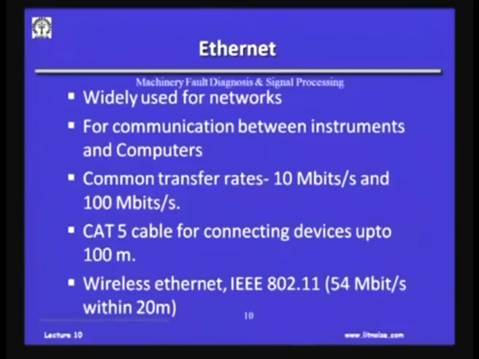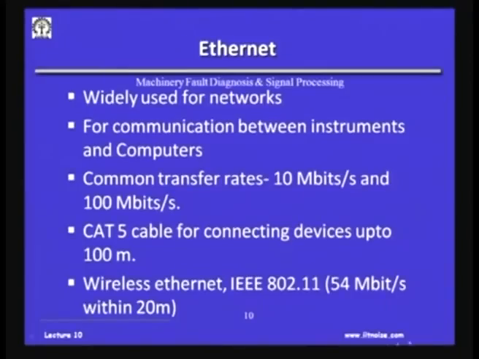If I am using a Cat5 cable for connecting devices, we can have a maximum of 100 meters. But nowadays, once this digital data has been captured at maybe a server location, it needs to be transferred wirelessly, and the present limitation of wireless Ethernet is about 54 megabit per second and within only 20 meters, and beyond that the speed drastically decreases.